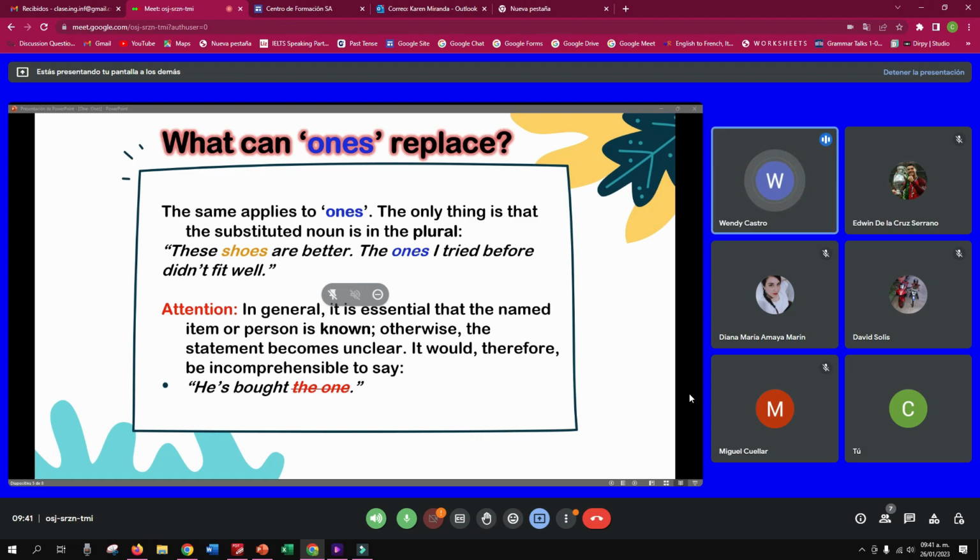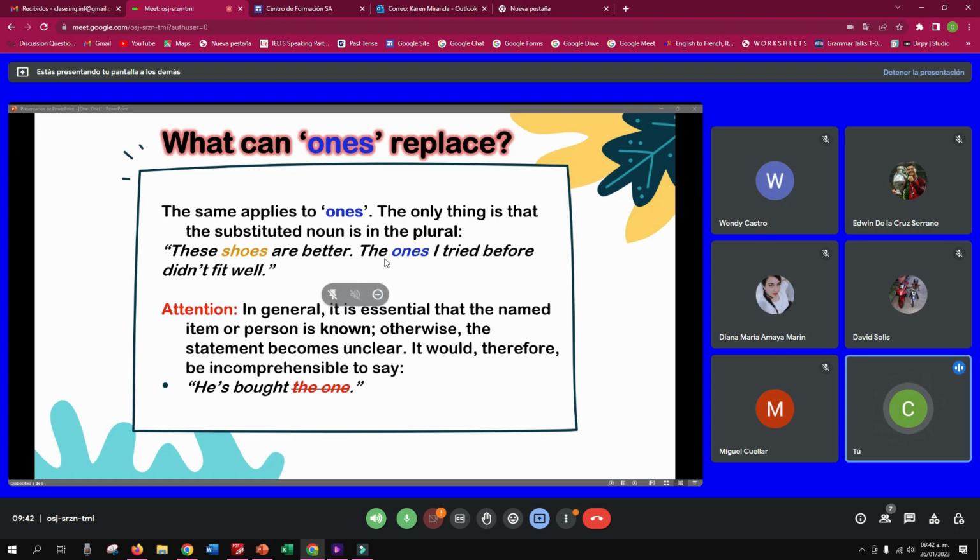Okay, so there you have that one. You're going to use ones for plural things, right? There you have the example. These shoes are better. The ones I tried before didn't fit well.